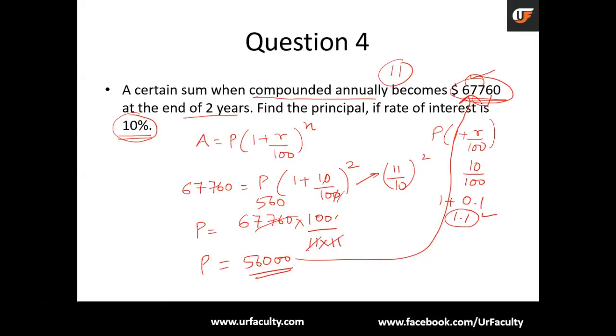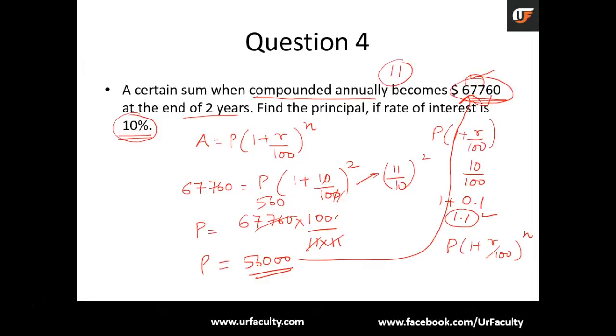Now, moving on, one important concept that needs to be understood in these cases is when it is compounded annually. We did this problem with P into 1 plus R by 100 power n.